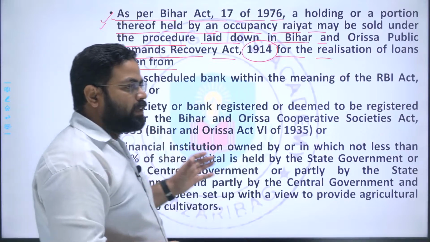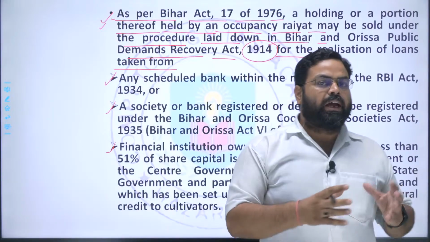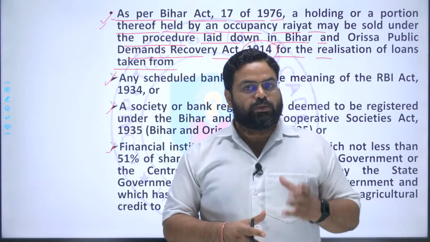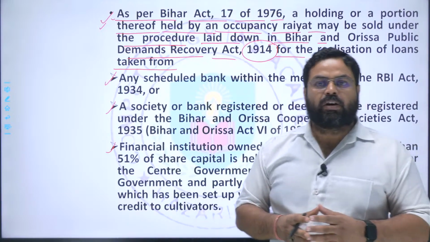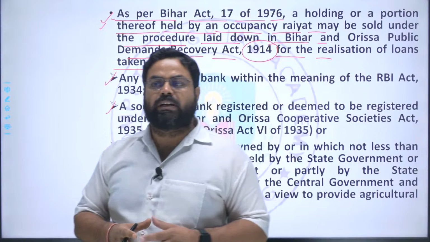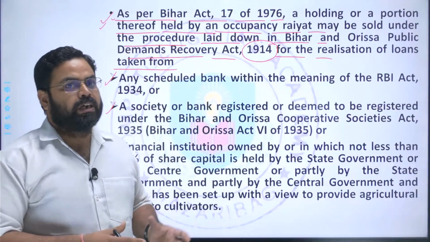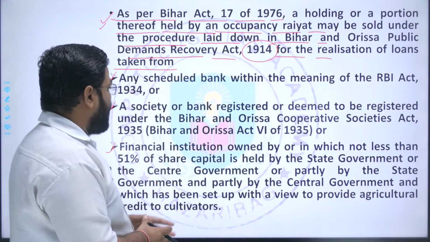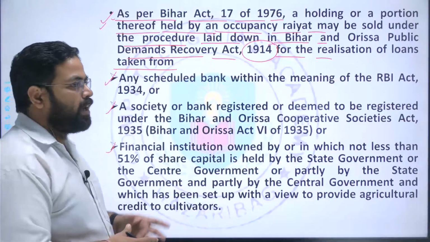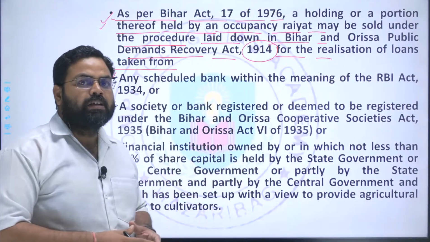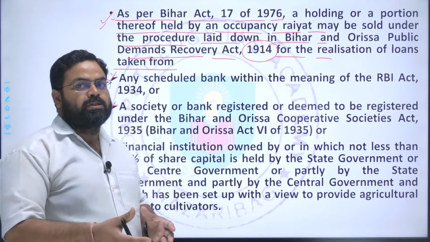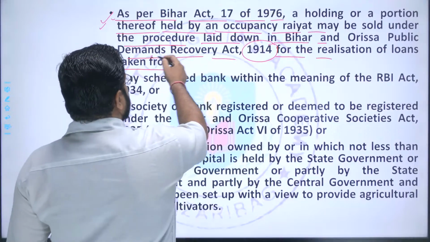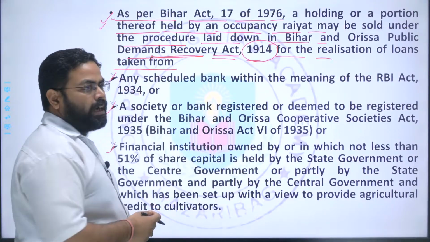So here again it says that all those banks which are scheduled commercial banks under the definition of RBI, regional rural banks, or any of the financial institutions owned by the government, or those banks or societies registered under the Bihar and Odisha Act 6 of 1935, can realize their loan by sale or auction of the mortgaged land under the Bihar and Odisha Public Demands Recovery Act of 1914.